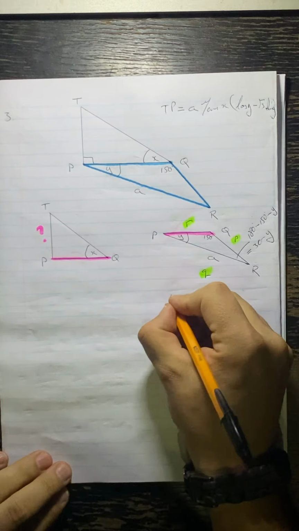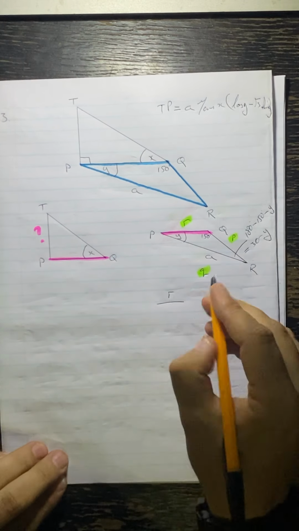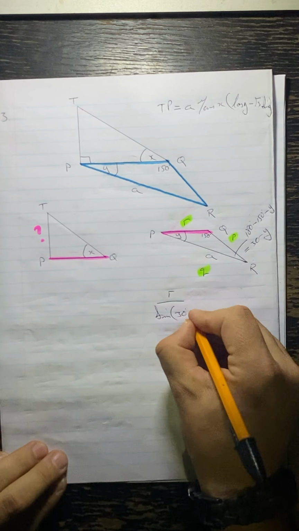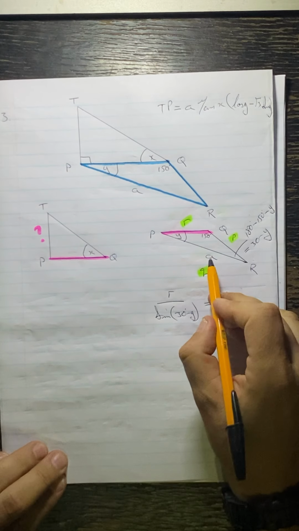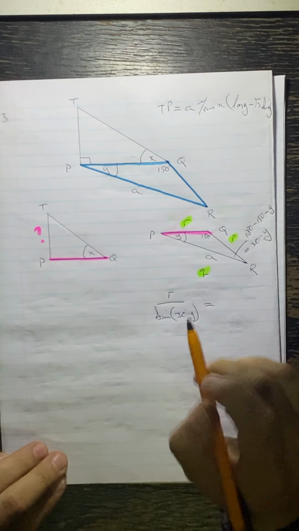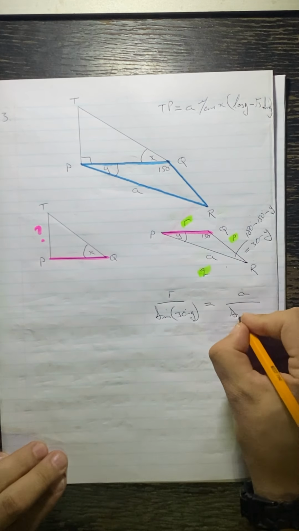So little r over sine big R, which we've just worked out to be sine 30 minus y, equals, and then we're going to have little a over sine 150, because that's our other combination. So we've got a over sine 150.